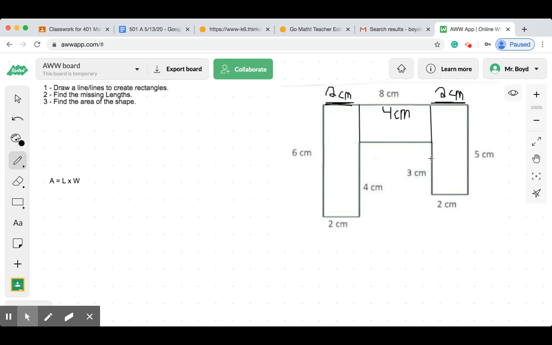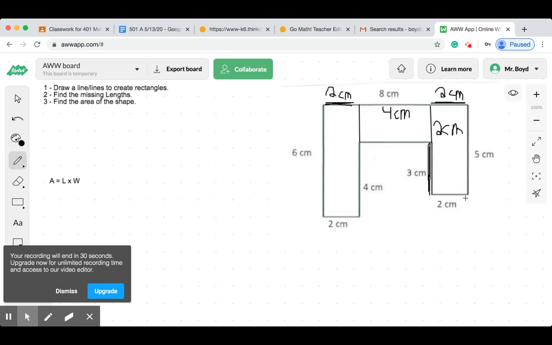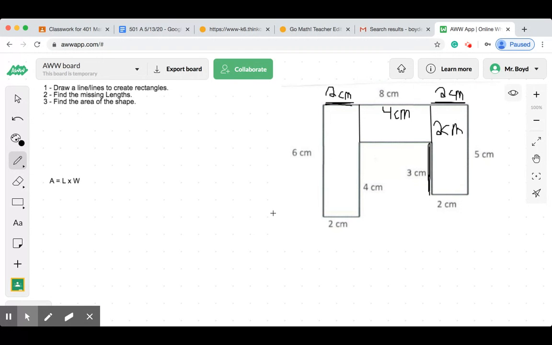If I know 3 centimeters represents this length right here, and I know that the whole length must equal 5 centimeters, that means that this length right here must be equal to 2 centimeters, because I know 2 plus 3 equals 5. So this whole length will then be 5 centimeters, and it'll be the same as its opposite side in the rectangle. So this is part 1 of this problem on how to find the missing lengths to help you multiply our area, which is length times width. And I will be back for part 2.